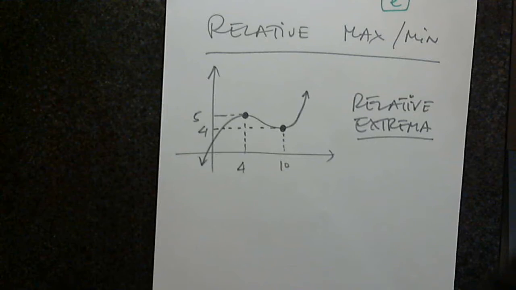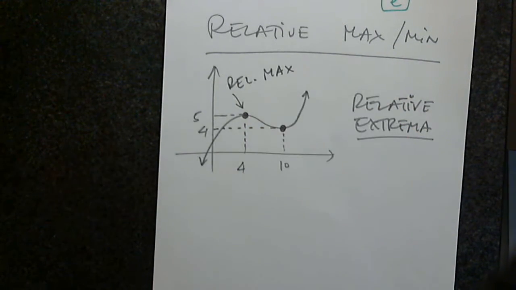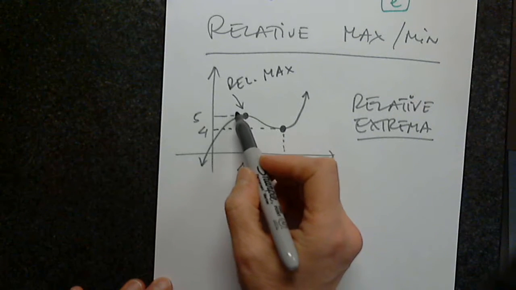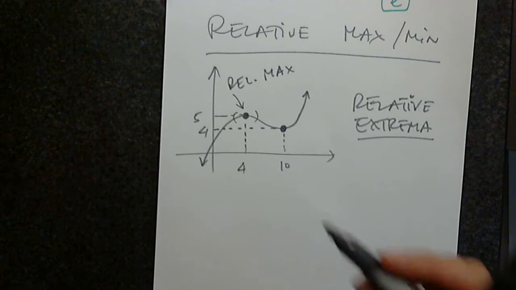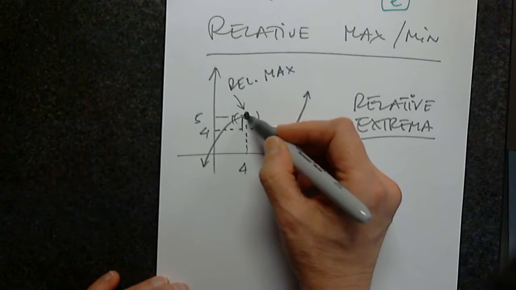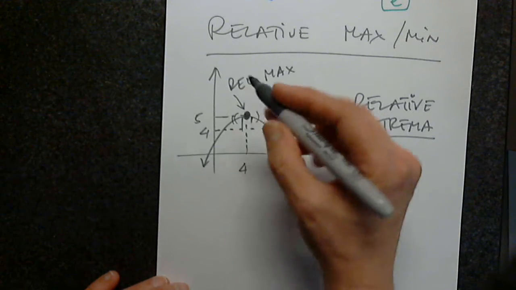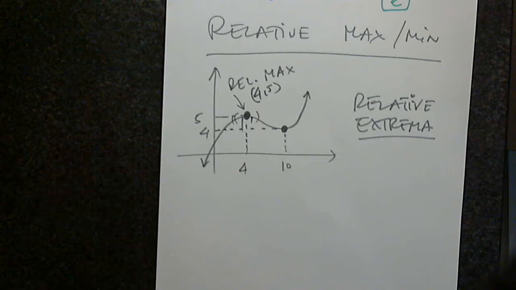So this point is a relative max, because I can show a tiny interval on both sides. If the function does not exist on one side, it's not a relative max or min. But I can show with an open interval that all these function values are smaller than this one, which is 5. So this is (4, 5), a relative max.